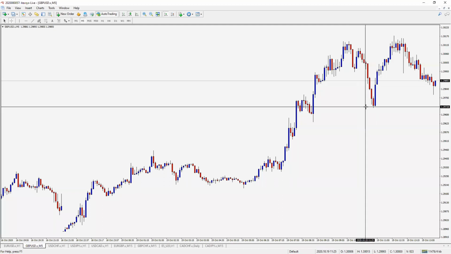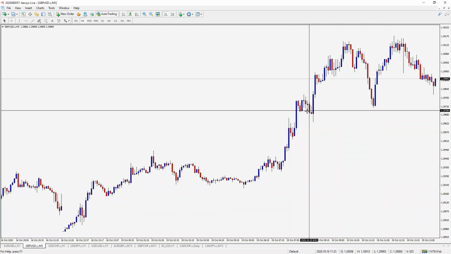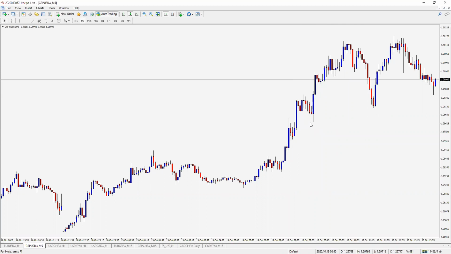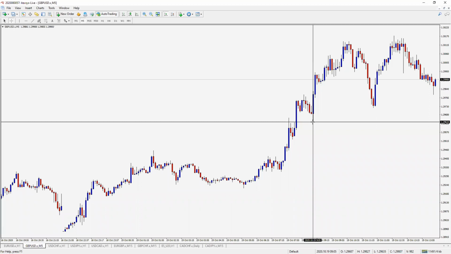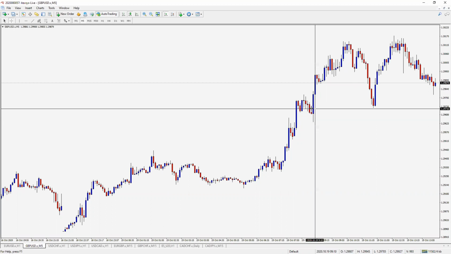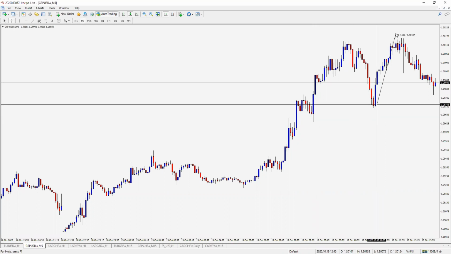So it's a support zone, all this level. The next available demand is this one, which was already checked, I believe. You can see how the price moves up: demand, technical correction, check this demand, keep moving up, technical correction, check this demand. Here's the reaction.